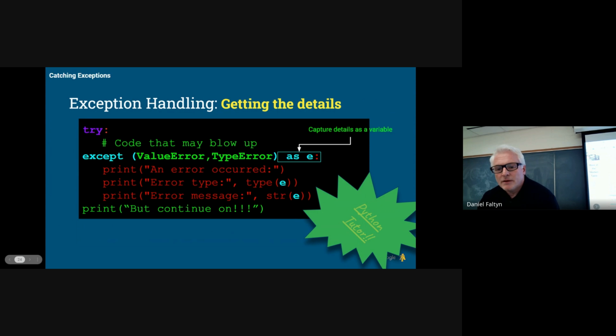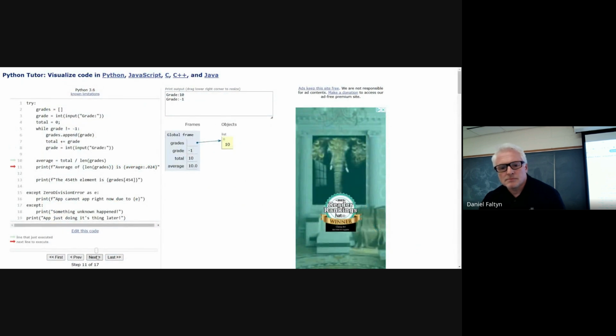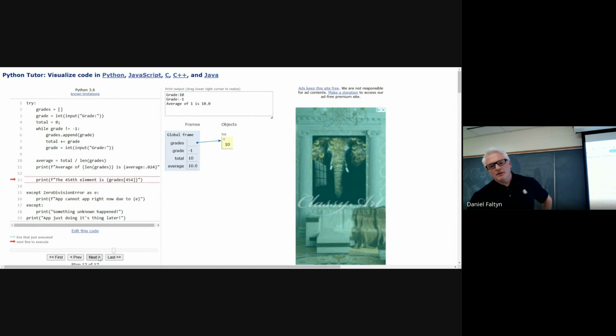If I took that out of there and just captured the other cases, now when I run my code, I will break out of my loop and hit that access to the 454th element again.